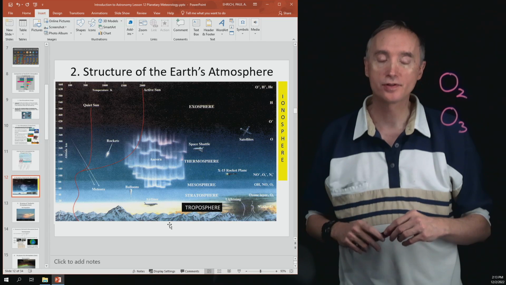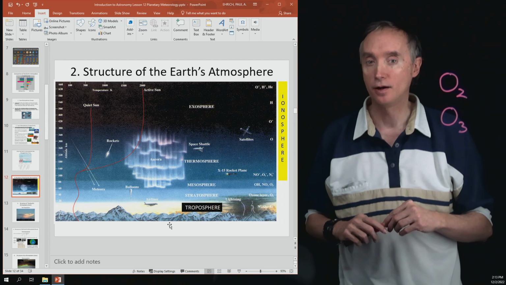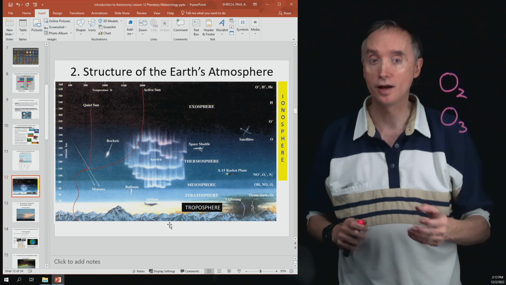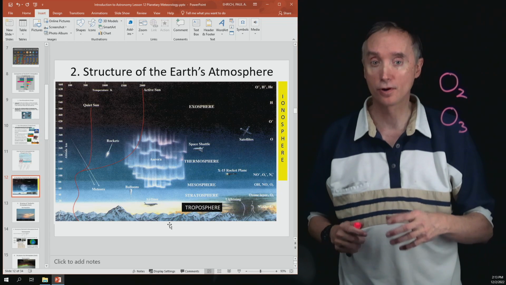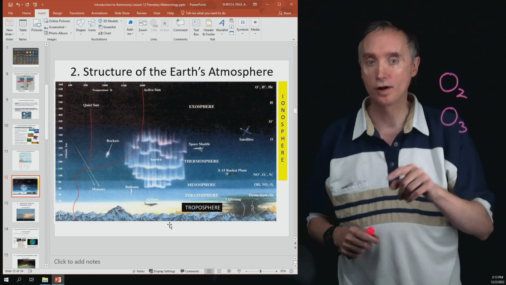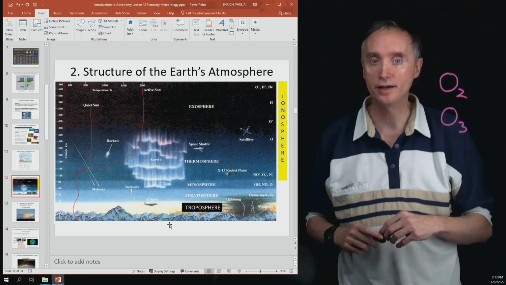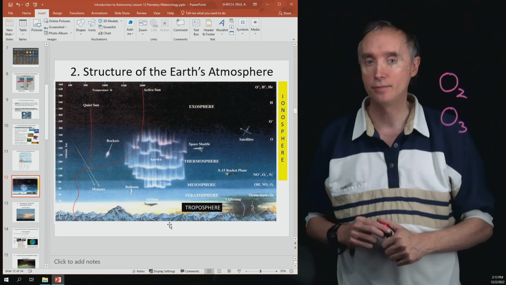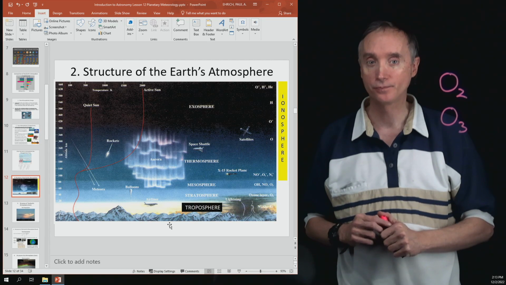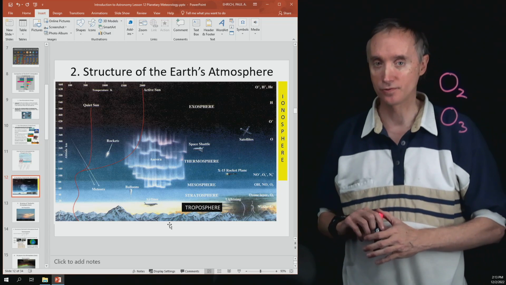Although you should notice that the aurora, the northern lights and the southern lights, the aurora borealis, is where you see them. So you're seeing light that is being generated in that part of our atmosphere. And then you have the exosphere.